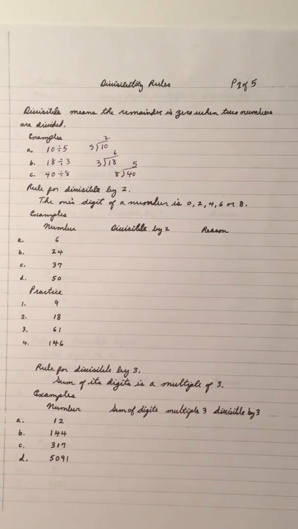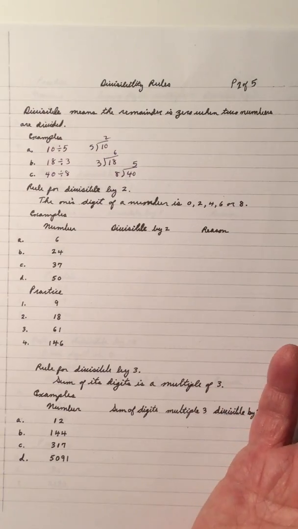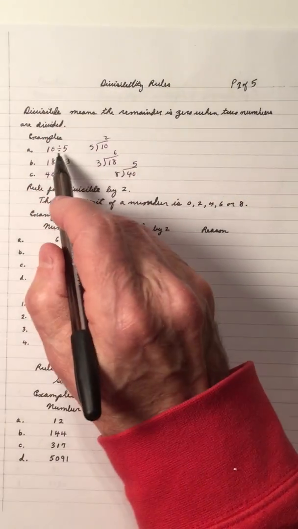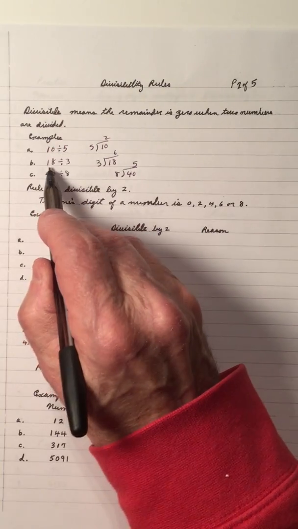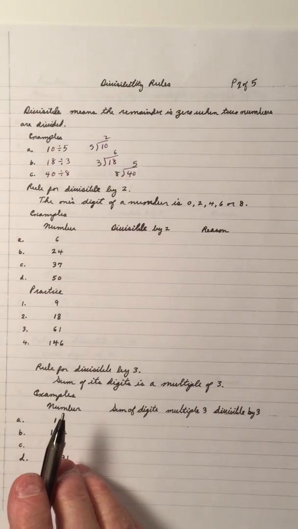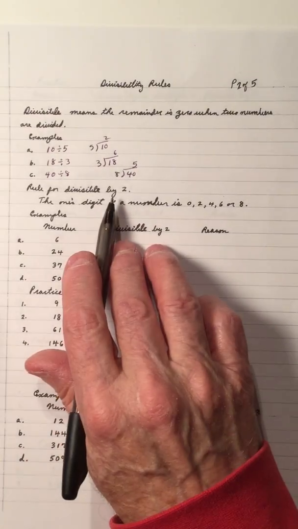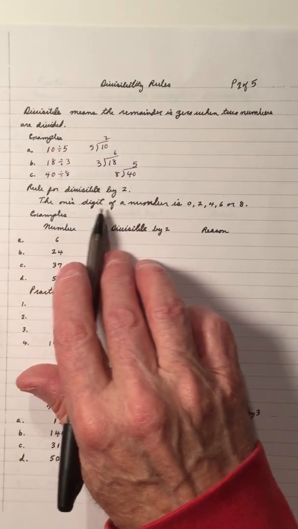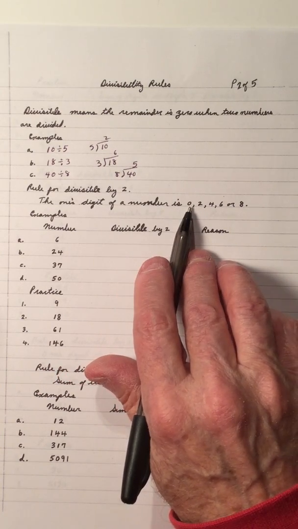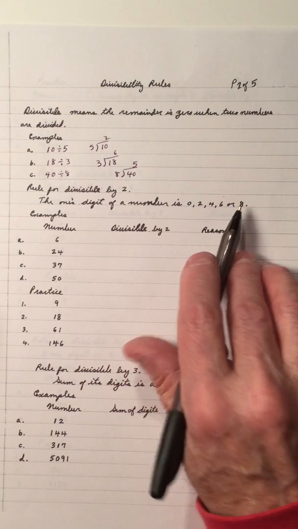So when you divide two numbers and get a remainder of 0, then we say that 10 is divisible by 5, 18 is divisible by 3, 40 is divisible by 8. A rule for divisibility by 2: the ones digit of a number is 0, 2, 4, 6, 8.